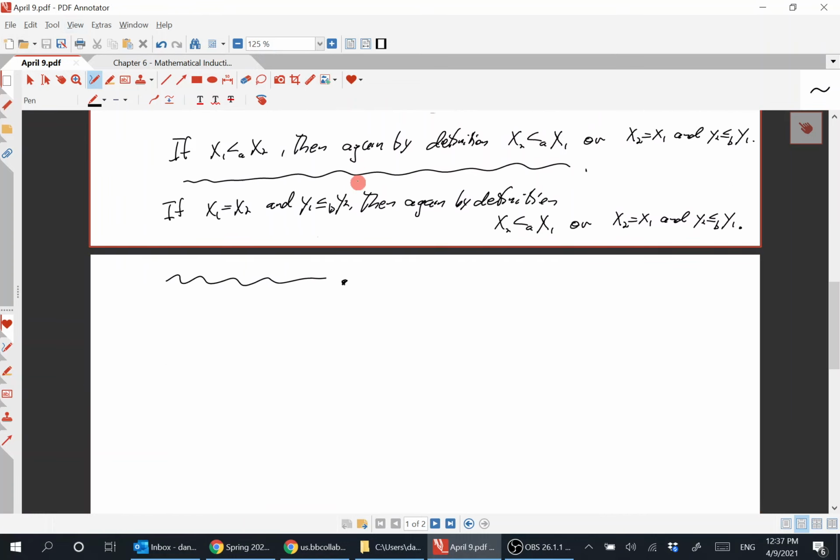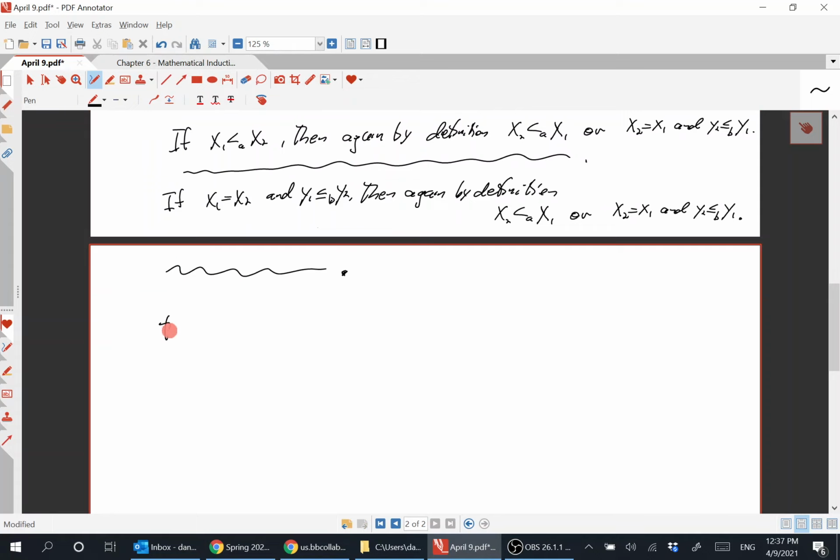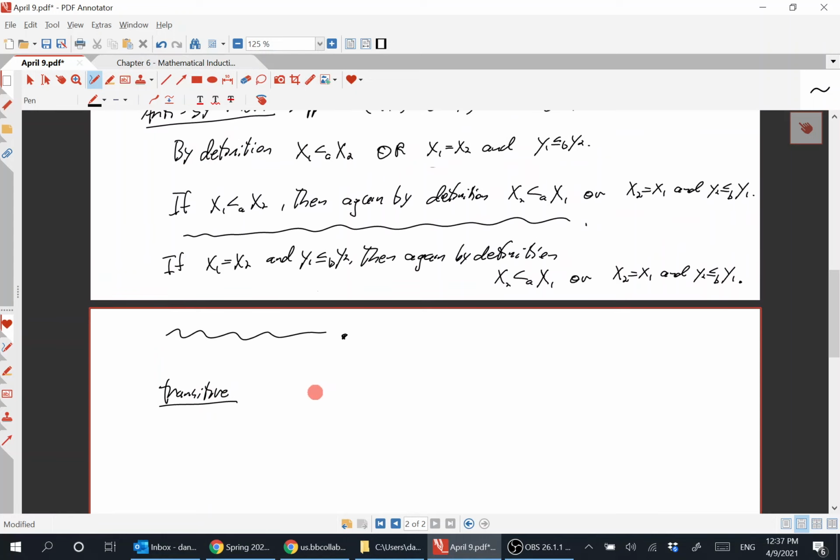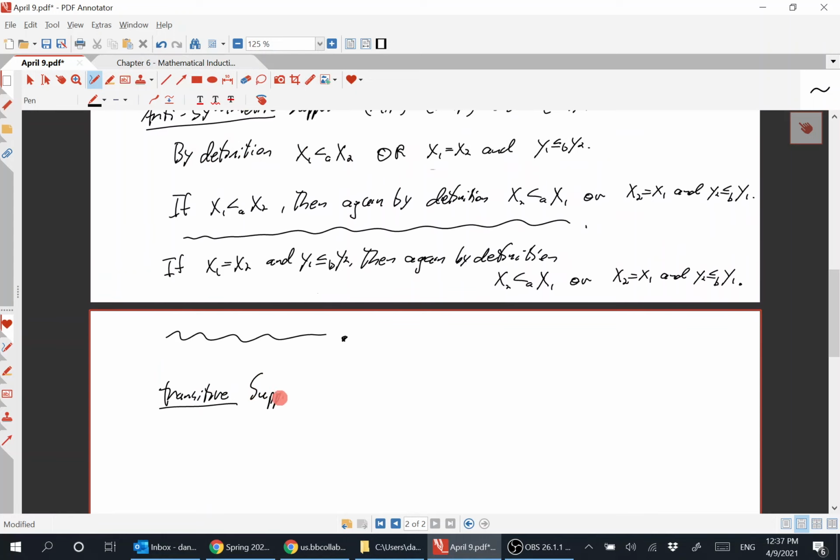So that's antisymmetric, and then transitive. Right. Suppose that x1, y1 is less than or equal to x2, y2, and x2, y2 is less than or equal to x3, y3.